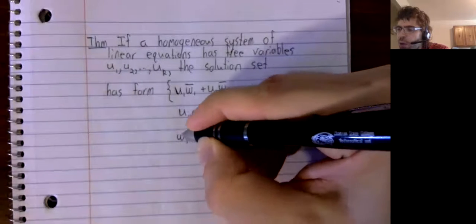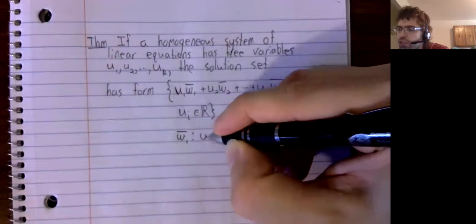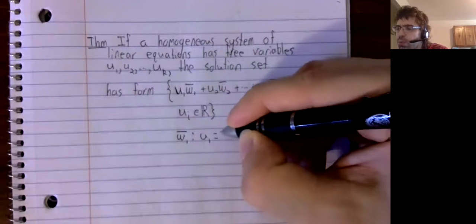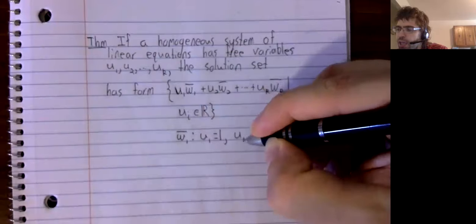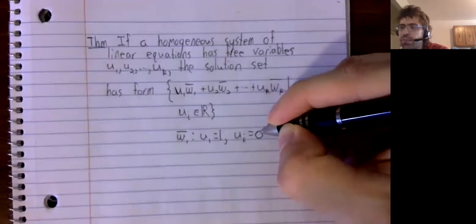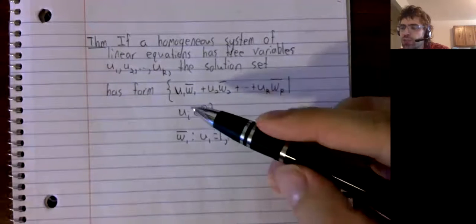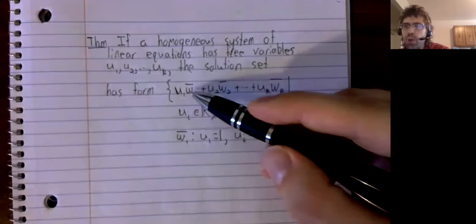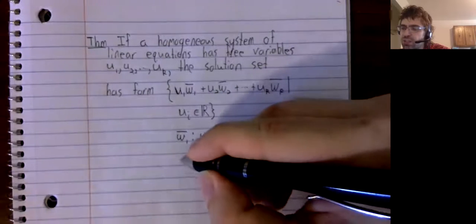So if we want w1, we just set u sub 1 equal to 1, and all the other u sub i equal to 0. So w sub 1 is a solution to the system.